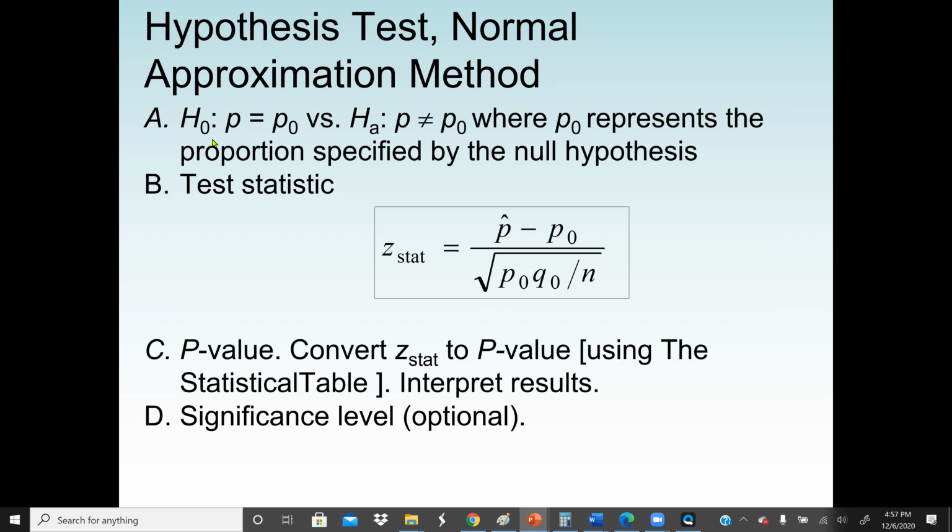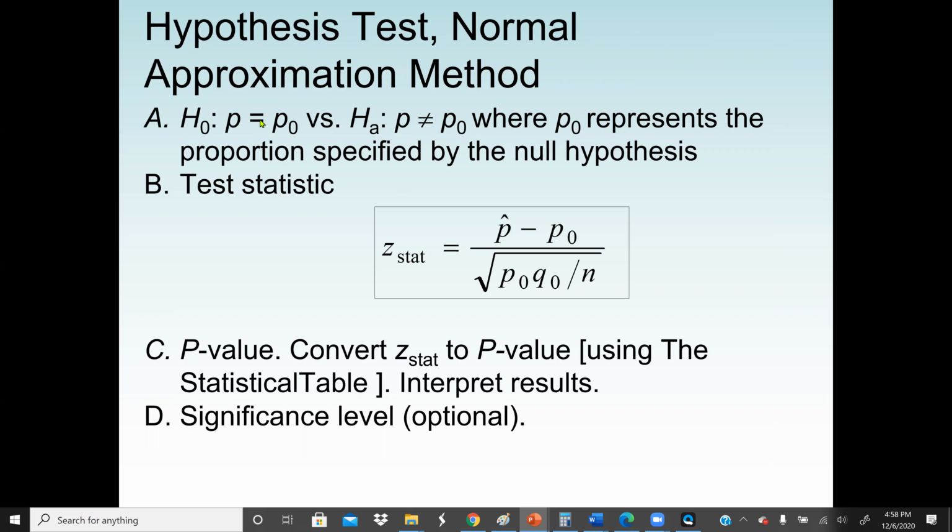So here we say the null hypothesis will be the proportion equal to the population proportion, or the null proportion. If it's equal, then HA should go against. Either it will be not equal, which is two-way testing, or greater than or less than. So again, P0 represents the proportion specified by the null hypothesis, which sometimes we may also call the population proportion.